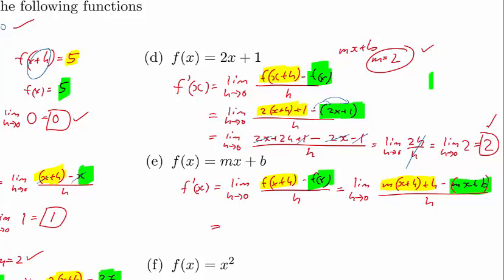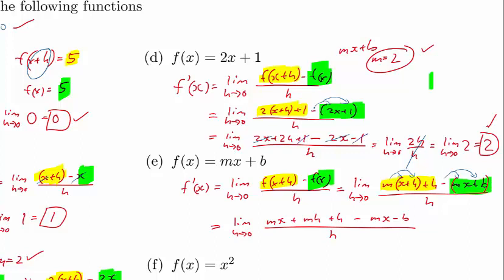And so we're going to distribute the m and distribute that negative sign, so we have the limit as h goes to 0 of mx plus mh plus b, and then minus mx minus b, right? We distributed that m to both guys, and then we distributed that negative sign to both of those, all divided by h.